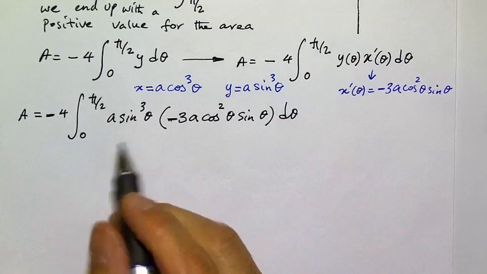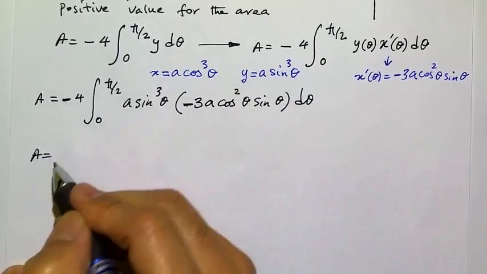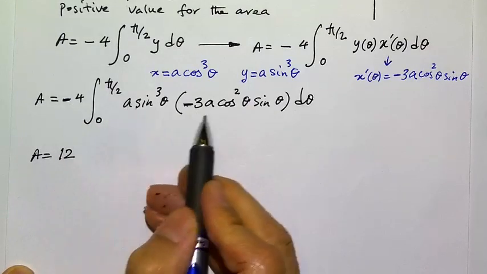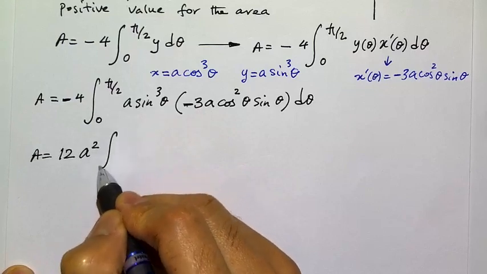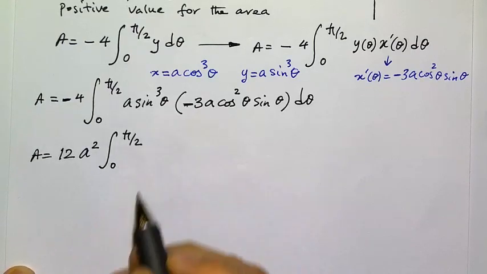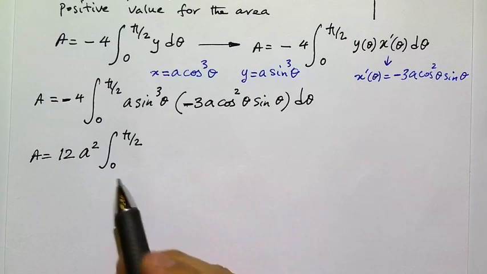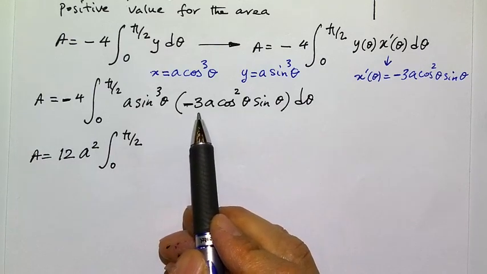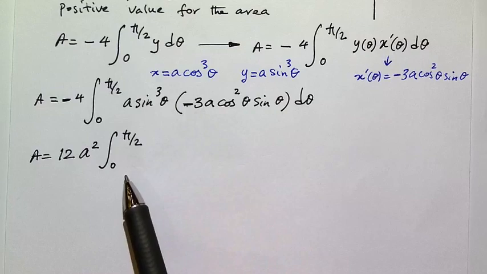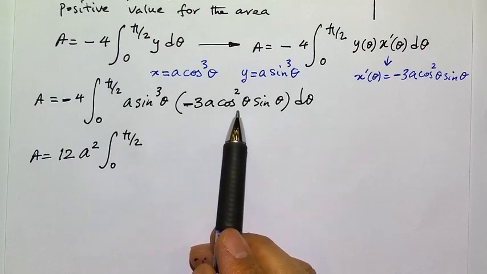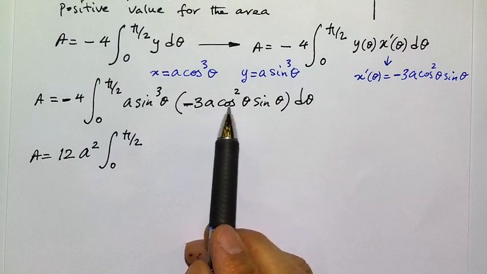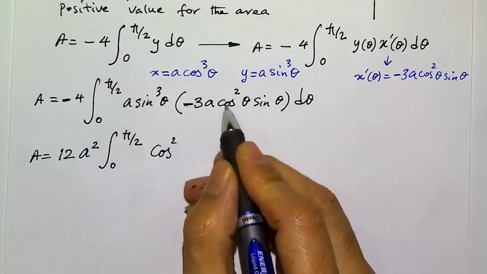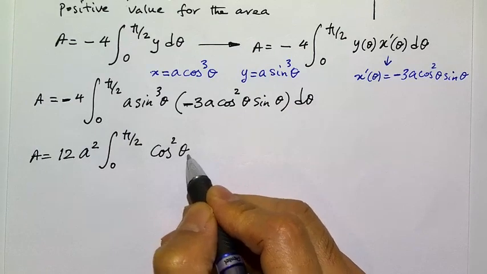So we will get a equals positive 12, minus 3 times minus 4, and a times a, we get a squared, integral from 0 to pi over 2 of sine of theta and then cosine squared theta.